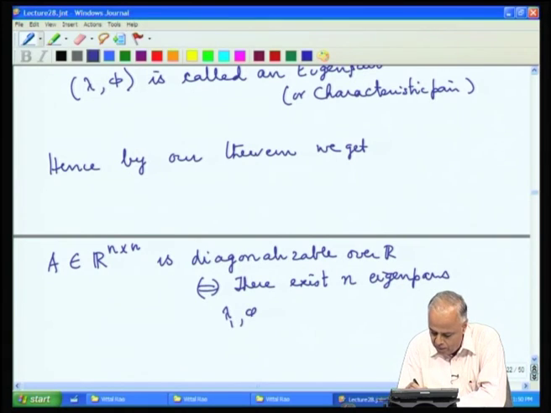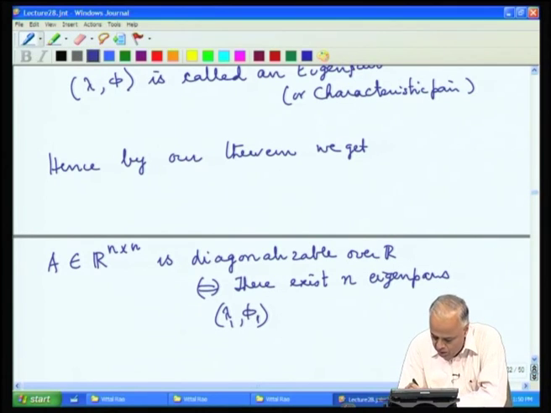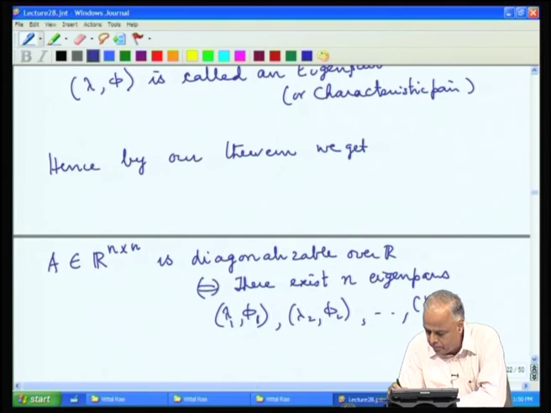lambda 1 phi 1, lambda 2 phi 2, etc., lambda n phi n, where phi 1, phi 2, phi n are linearly independent.